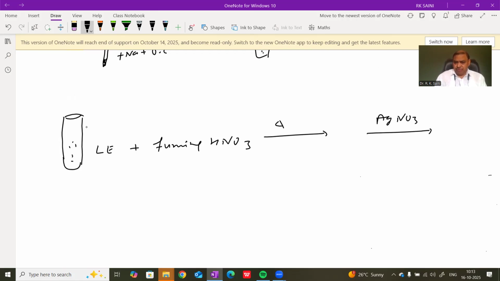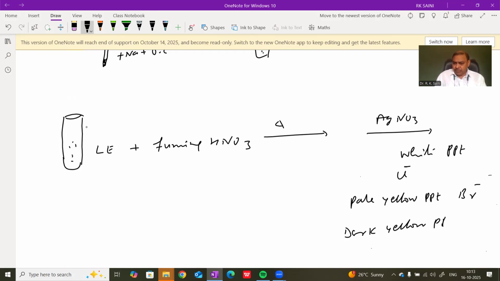If a white precipitate appears on the addition of silver nitrate, it is the confirmatory test of chloride ion. If a pale yellow or light yellow precipitate appears, it is the test of bromide ion. And if a dark yellow precipitate is given by the addition of silver nitrate, it is the confirmatory test of iodide.